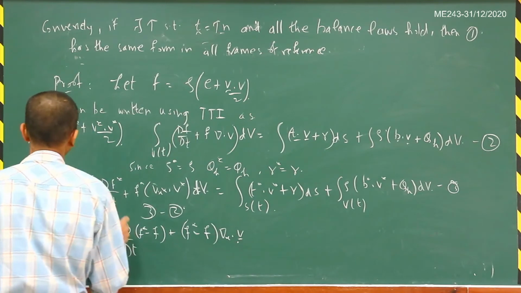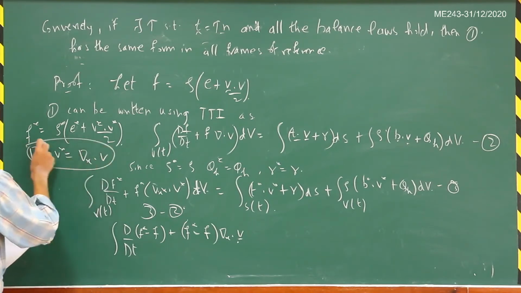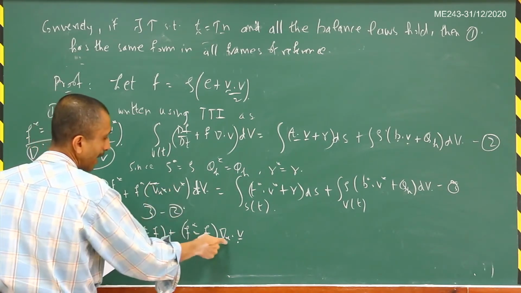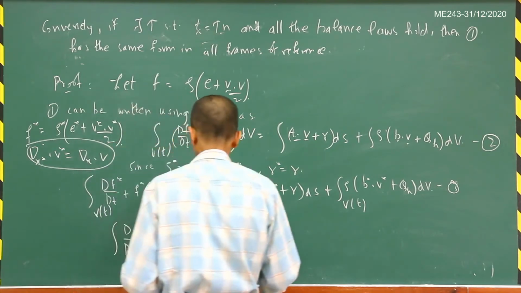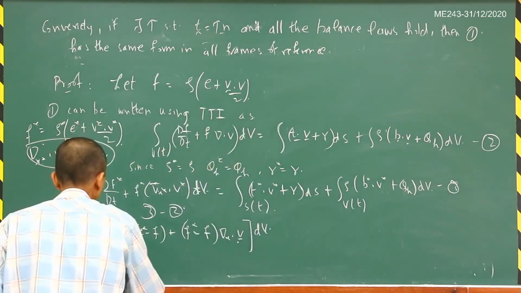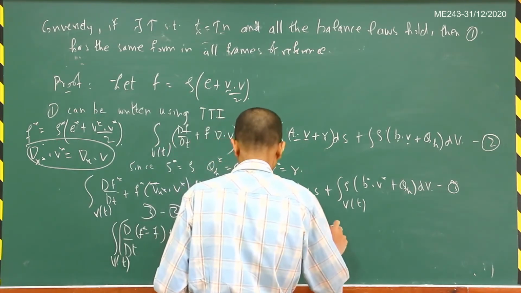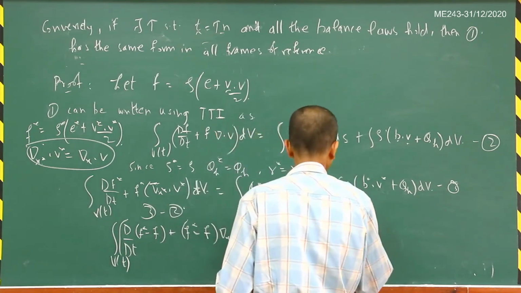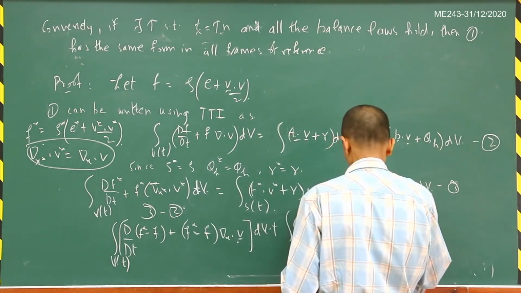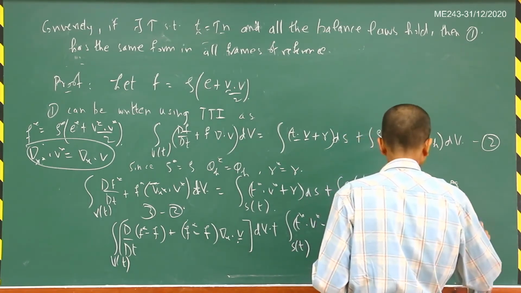Here I am using the fact that del x star dot v star is equal to del x dot v, so I can replace del x star dot v star by del x dot v, times dv over v of t, plus integral of t star dot v star minus t dot v times ds over s of t, plus integral of rho times v star dot v star minus v dot v times dv.